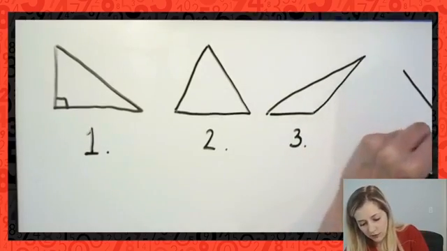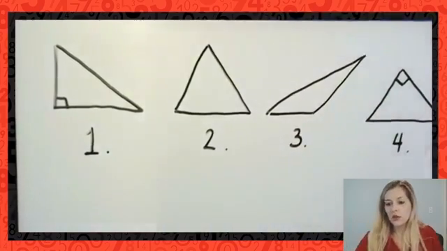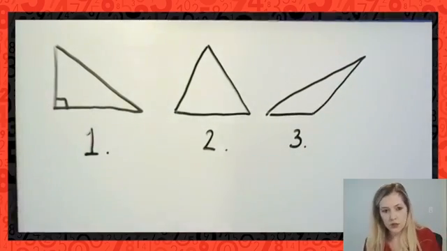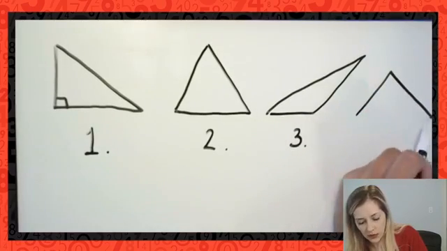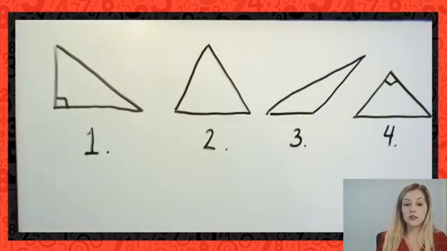And triangle 4. Go ahead and only list out, oh, I apologize, that one's off the board. Let me draw that one more time. That's good enough. Only list the numbers of the triangles that have a hypotenuse.